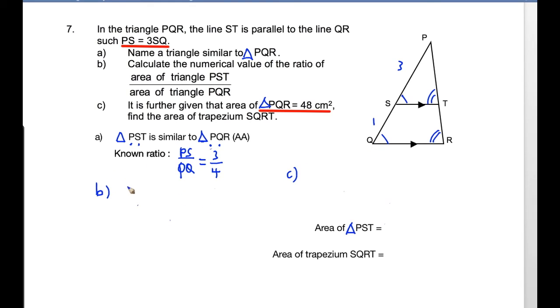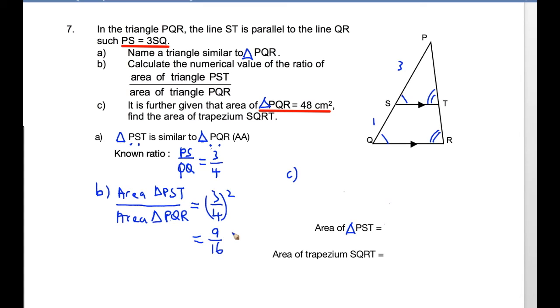And this will enable us to do part B, where we have to find the ratio of the area of triangle PST to the area of triangle PQR. The ratio of areas of similar figures is simply the ratio of their known sides squared, which is 9/16.